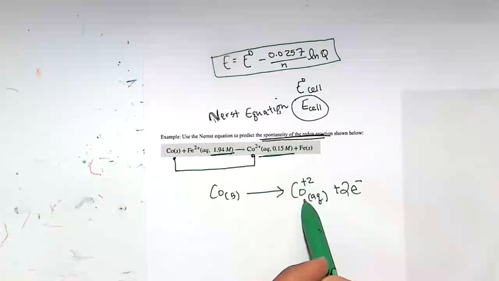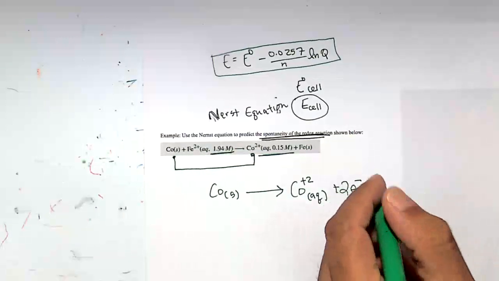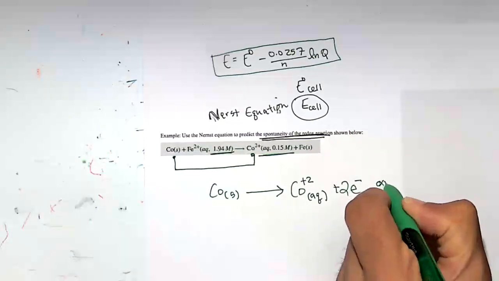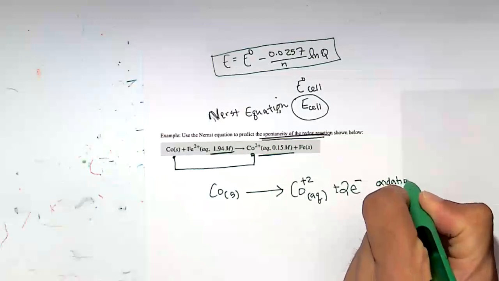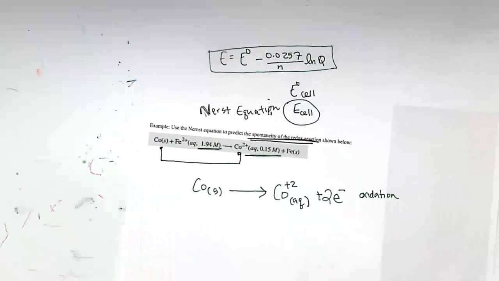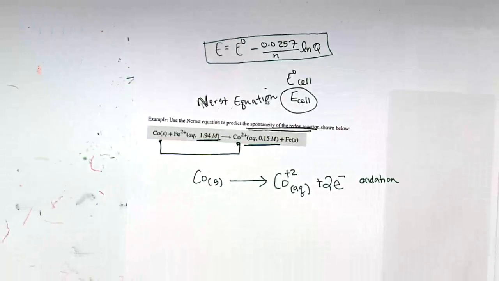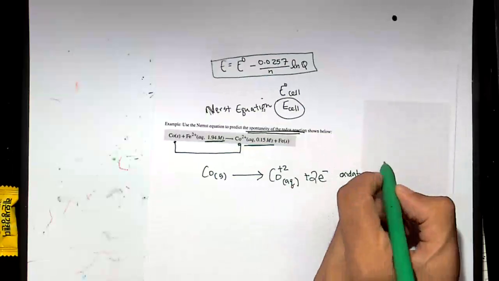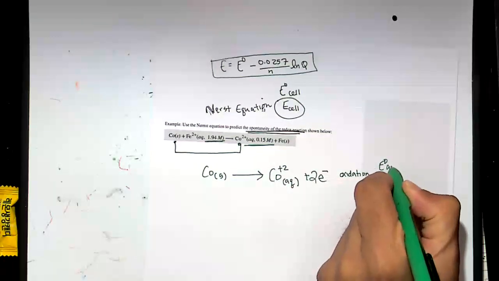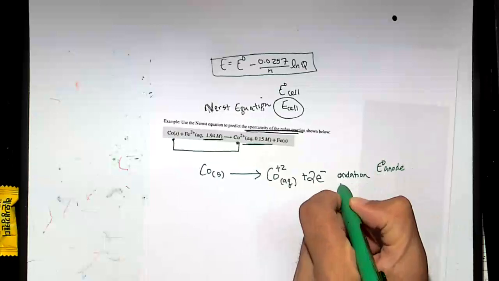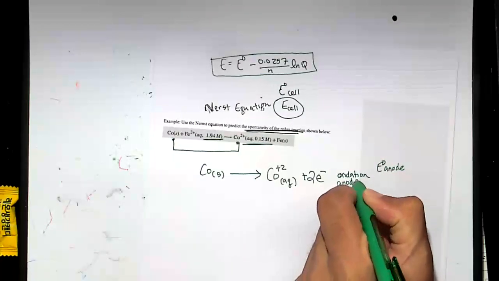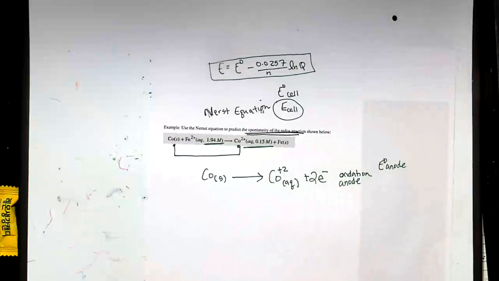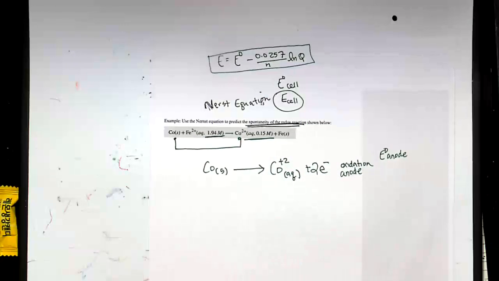So this is oxidation because we lose 2 electrons. Can someone tell me where does oxidation happen in a battery? Does it happen in the anode or cathode? All right, it's going to happen in the anode. Ox.